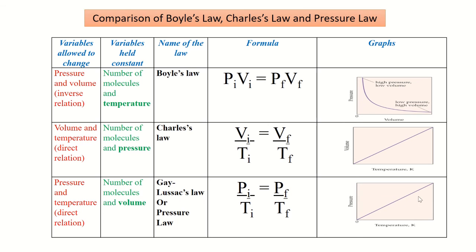If you see the shape of the VT graph and the shape of the PT graph, they are the same, but here there is volume and temperature, and for the pressure law, pressure and temperature. Both graphs are rising. If the temperature is more, then the pressure is more. If one parameter is increasing, then the other parameter is also increasing.